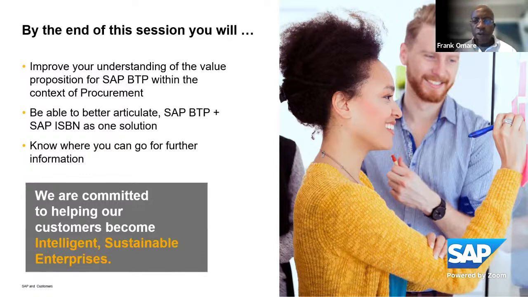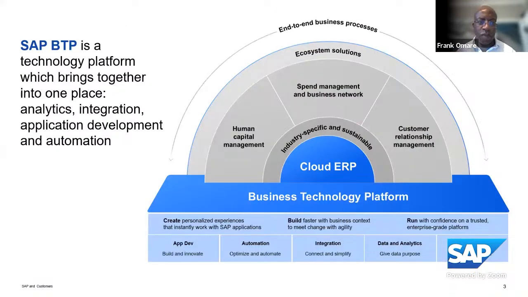We don't want you to think of ISBN plus BTP as another solution you need to worry about. It's about how BTP extends and enhances the capabilities of ISBN solutions. And of course, we want you to know where you can go for further information and help after today's session.